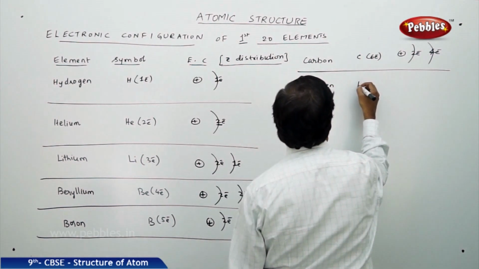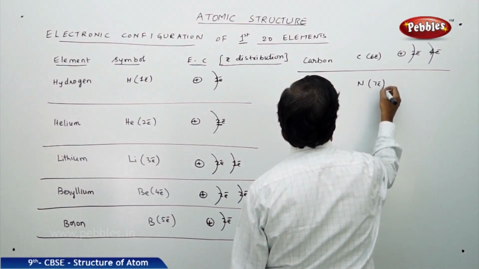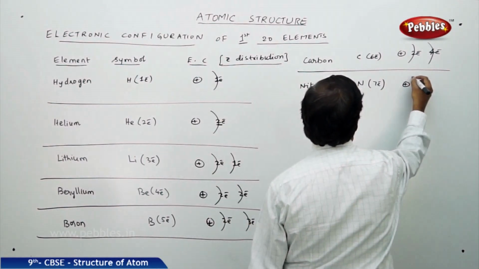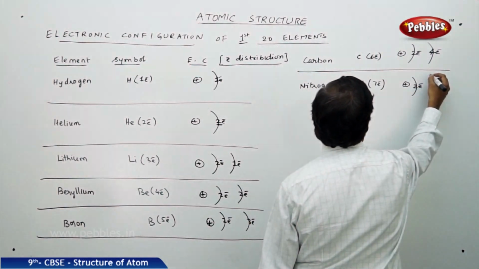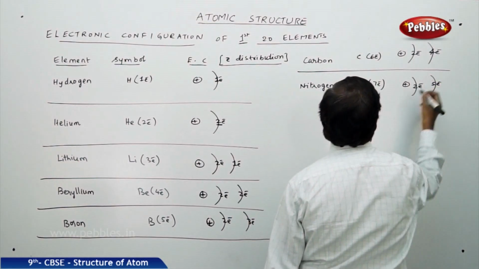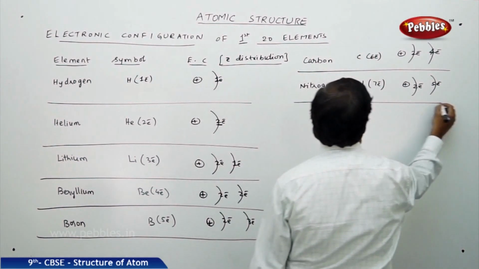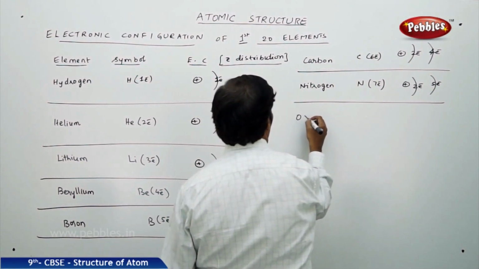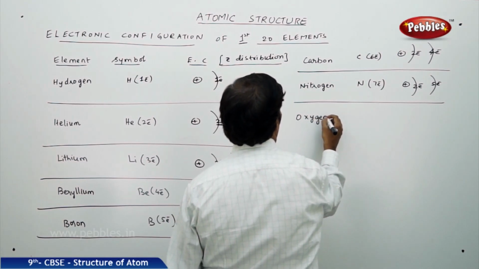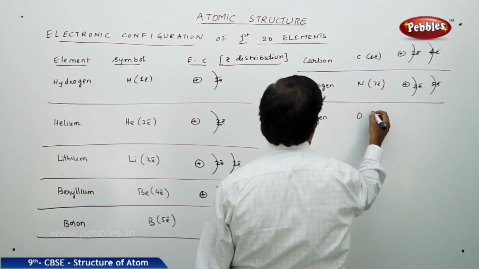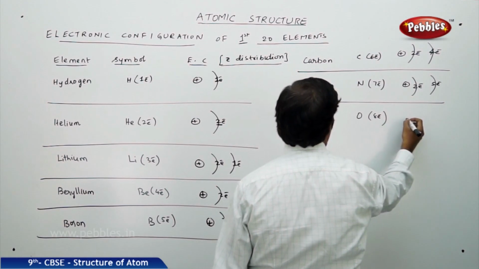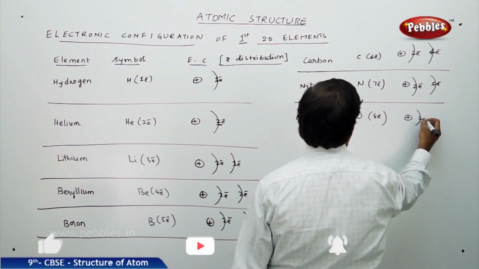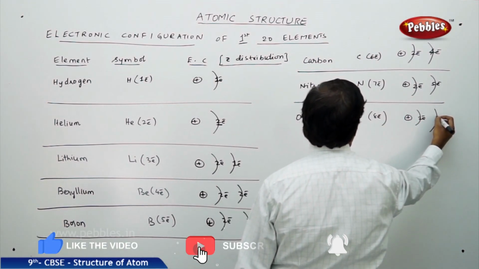Symbol is N, total 7 electrons: nucleus, first shell 2 electrons, second shell 5 electrons. Go for oxygen. Symbol is O, it contains 8 electrons: nucleus, 2 electrons and 6 electrons.